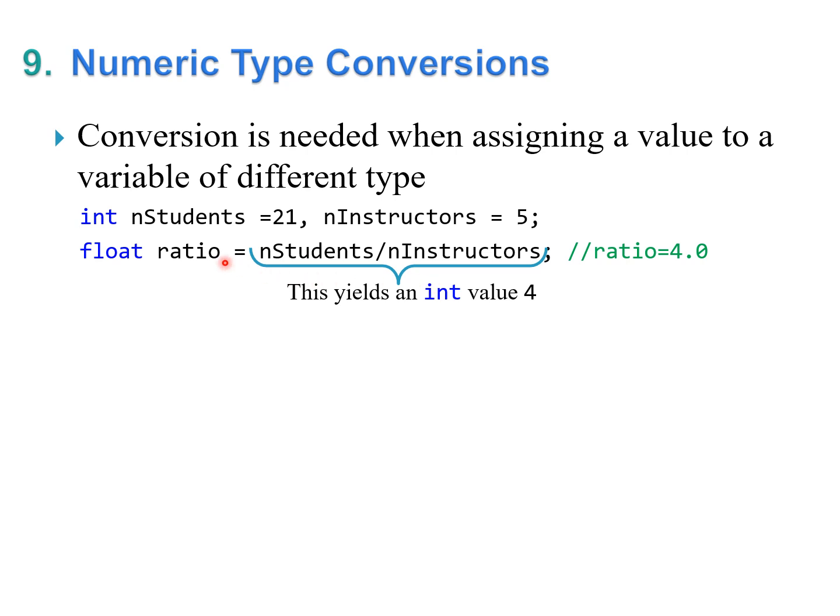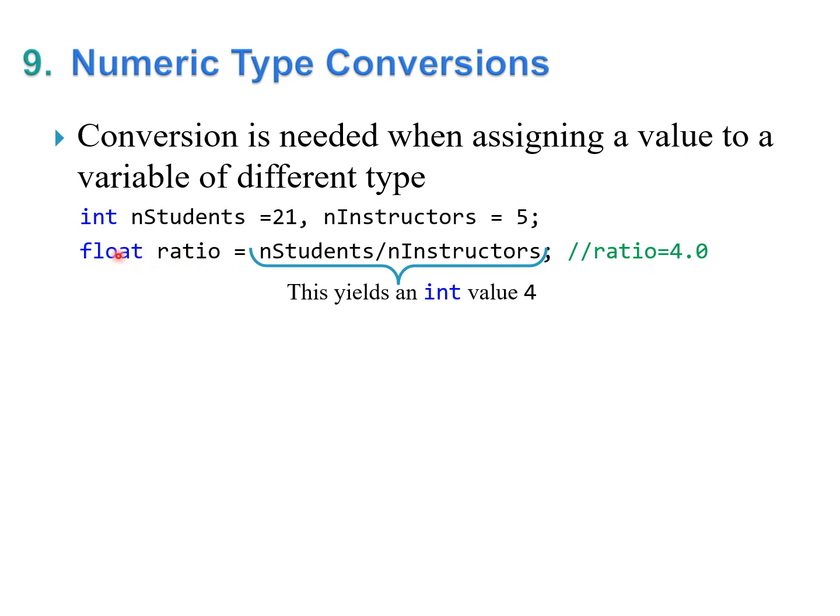To make this assignment statement work, a type conversion is needed because an int value cannot be assigned to a float variable. In this case, Java automatically converts the int value of 4 into the float value of 4.0 before assigning it to the float variable ratio.